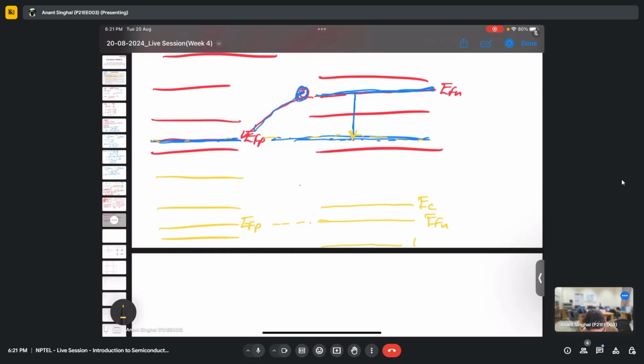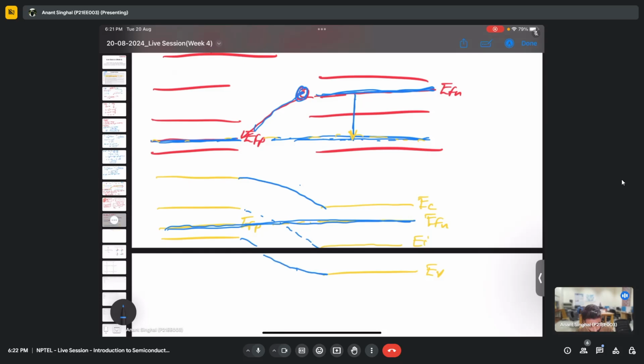Okay, so maybe I'll redraw it, and I have an EV here. So what I have done till now is I have aligned the Fermi levels. This is a single Fermi level now at equilibrium. So now I'll join them. This is EI, and this is EV.